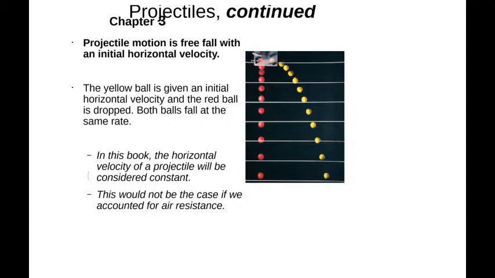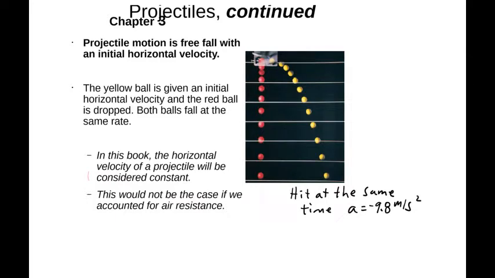So we did a little experiment with this where we rolled the tennis ball and had it fall, and then we dropped the tennis ball simultaneously. And as you notice, they will both hit at the same time. Both tennis balls experience a constant acceleration of negative 9.8 meters per second squared.